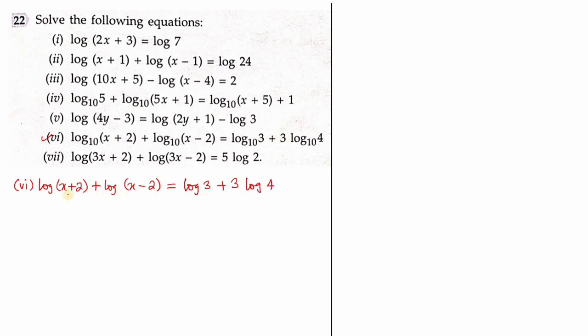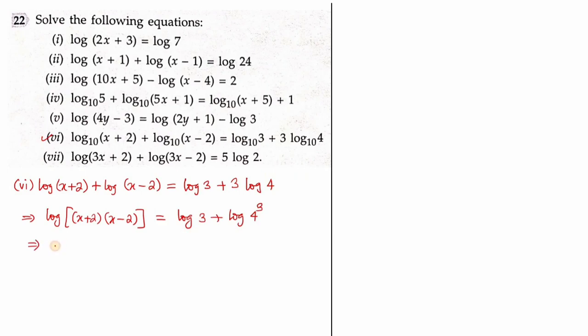So clearly you can apply in the left hand side the product rule because there is plus in the middle. So it is log of (x + 2) into (x - 2) is equal to log 3. Now this 3 I'll keep inside, so it becomes log 4 cube.